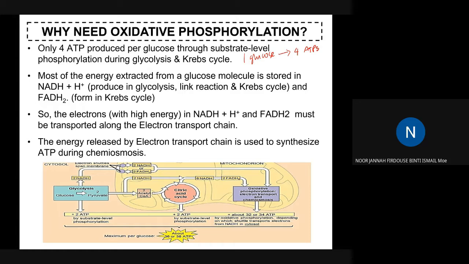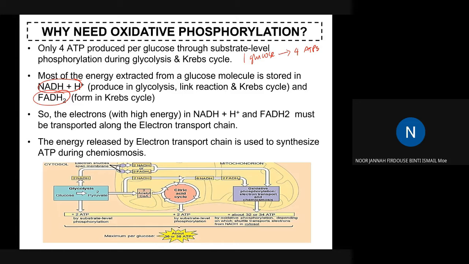So most of the energy that is extracted from a glucose molecule is actually stored in NADH and also FADH2. As you have already learned, in glycolysis we produce two molecules of NADH.